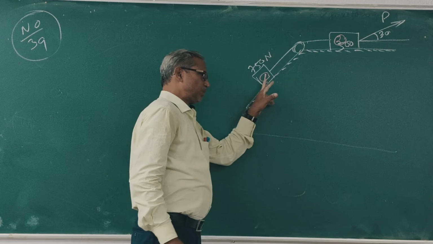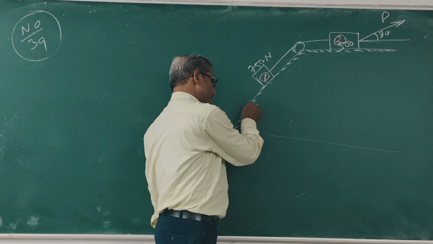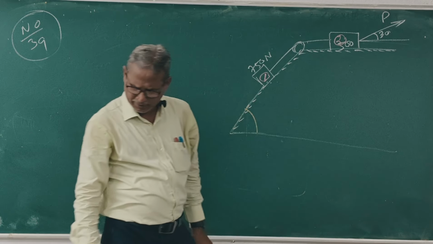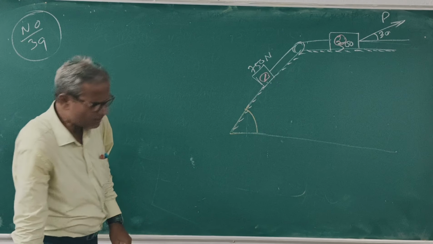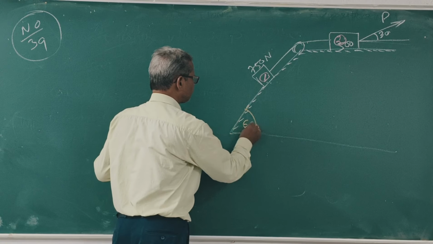This is block 1, this is block 2, this is plane. This inclined plane is 60 degree. Clear?